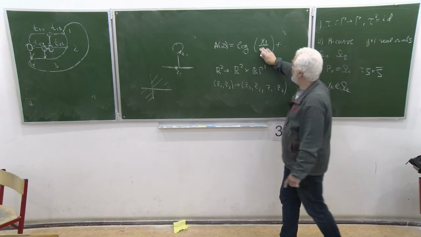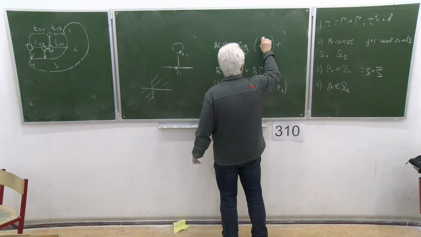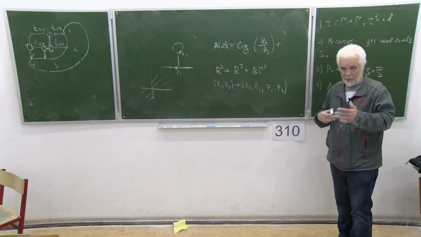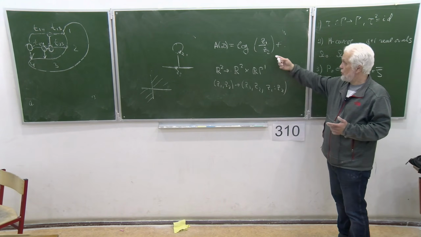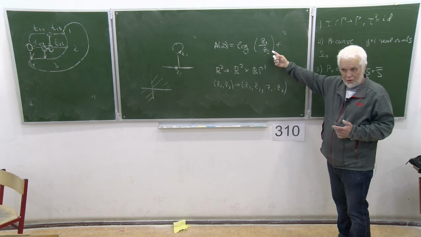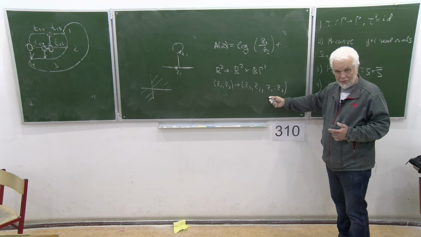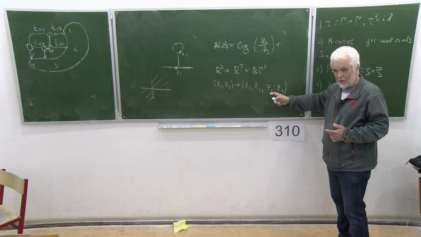Assume Z1, Z2. If both Z1 and Z2 go to 0, you have a singularity, you agree. But if you consider this function here, it's regular as long as this ratio is away from 0, right? Yeah, yes.